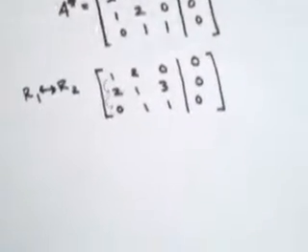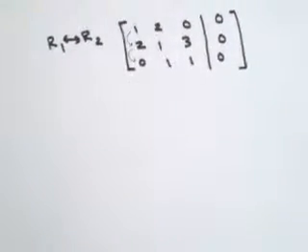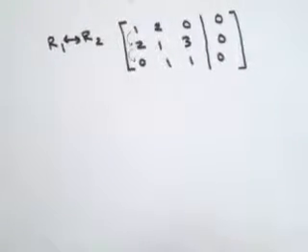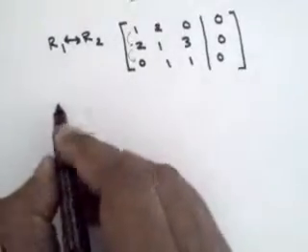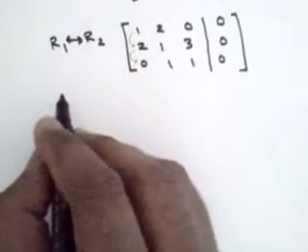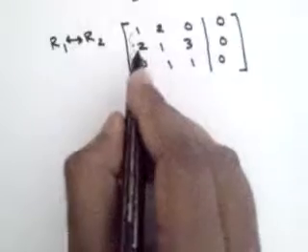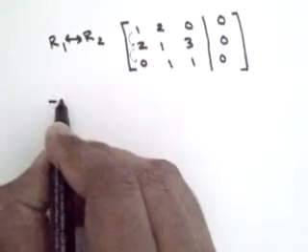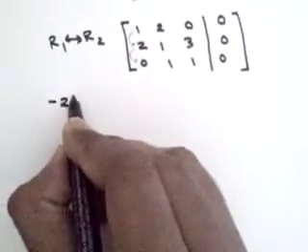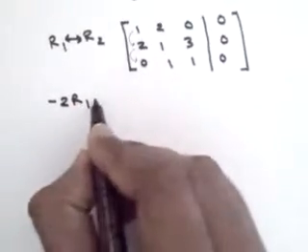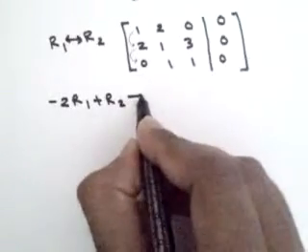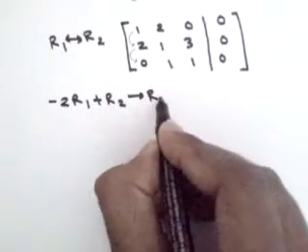For that we'll follow the third step that we have seen yesterday. To make this 2 a 0, we'll multiply row 1 by -2 and add row 2, and we'll get row 2.